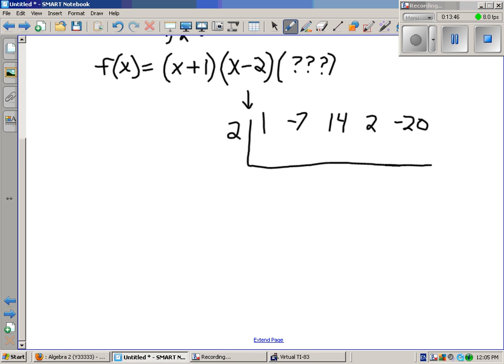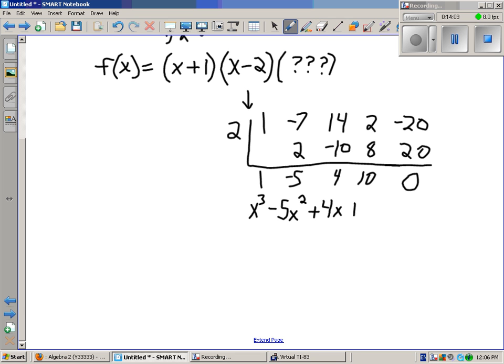Now, I know this is a 0 of my polynomial, so if I get a remainder, that means I messed something up. I'm going to work through this real fast. All right, so this leaves us x cubed minus 5x squared plus 4x plus 10.